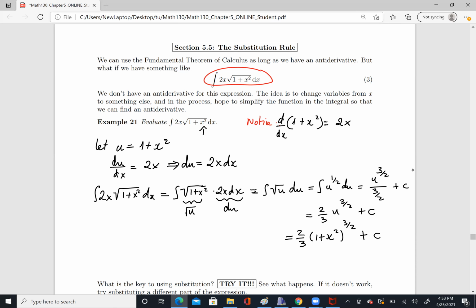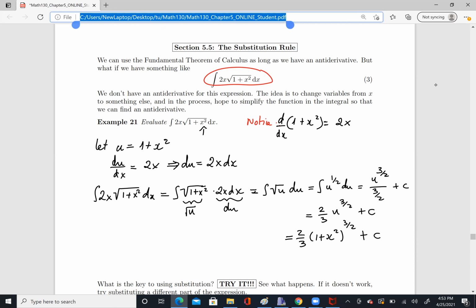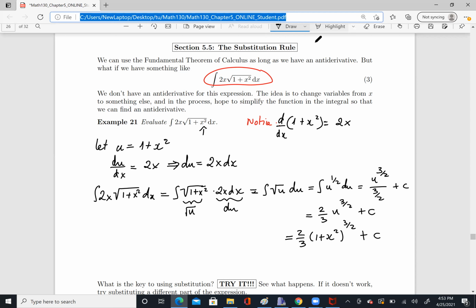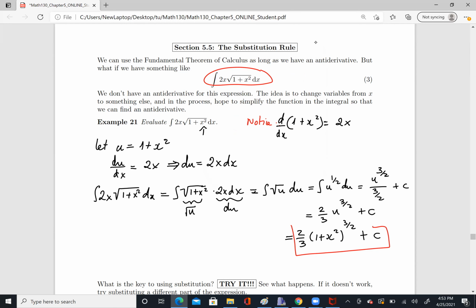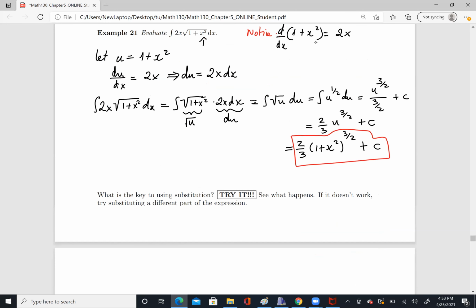And that should be the answer for this problem. Also, use another color to support this answer. All right, so I'm done.